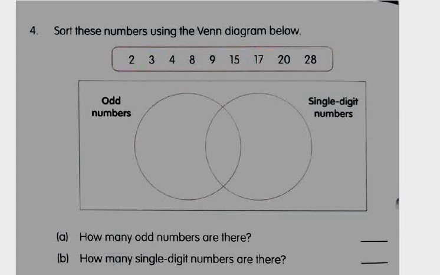What is the correlation or connection of all these numbers? What are 2, 3, 4, 8, 9, 15?